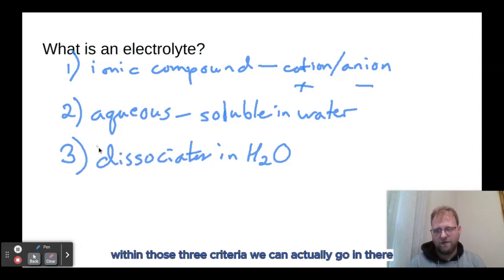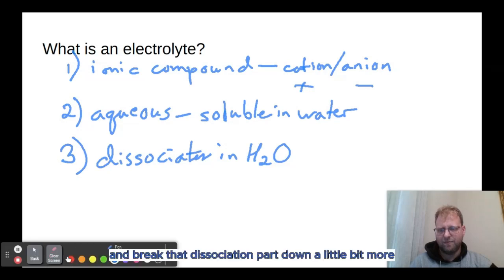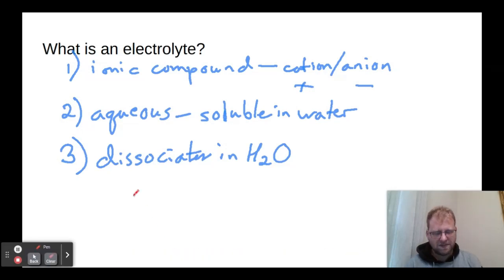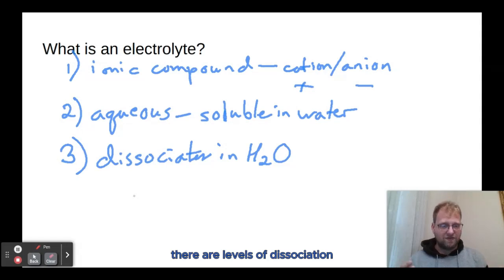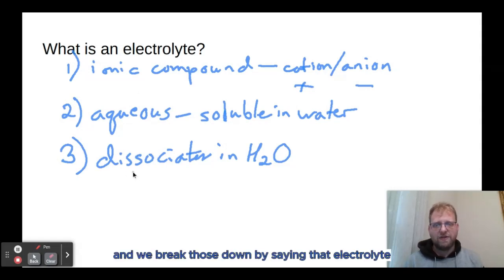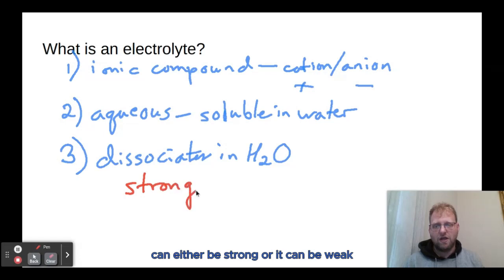Within those three criteria, we can go in and break that dissociation part down a little more than just saying it strictly dissociates. There are levels of dissociation. And we break those down by saying that an electrolyte can either be strong or it can be weak.